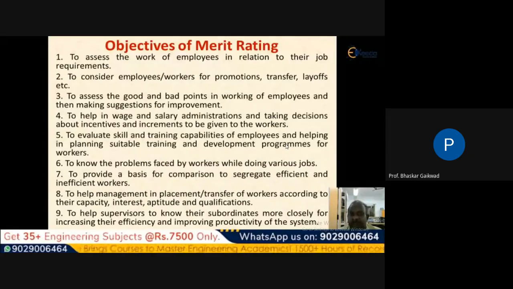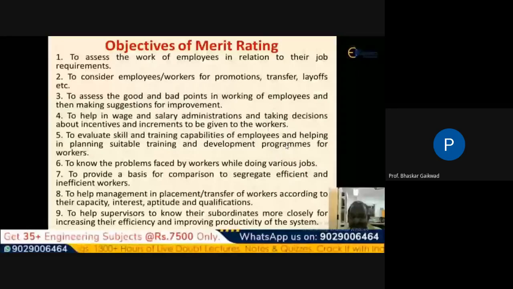To help in wages and salary administration. To help in the transfer of workers according to capacity, interest, and qualifications.